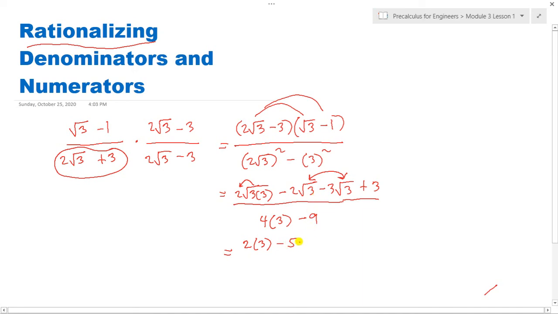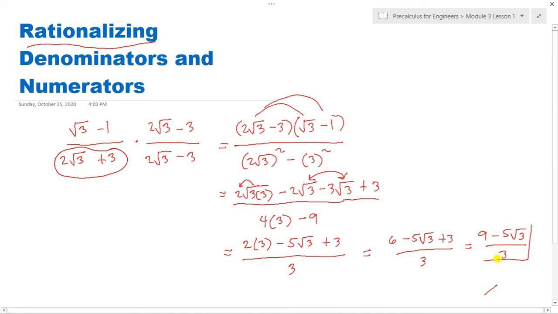So negative 5 square root of 3 plus 3 all over 4 times 3 equals 12 minus 9 is equals to 3. So to simplify further, we have 2 times 3, 6. So making 6 minus 5 square root of 3 plus 3 all over 3. This will be equal to 9 minus 5 square root of 3 all over 3. So therefore, this is our exact answer.